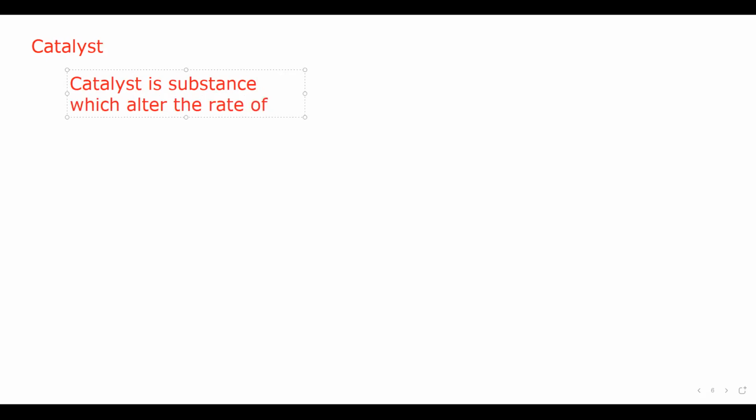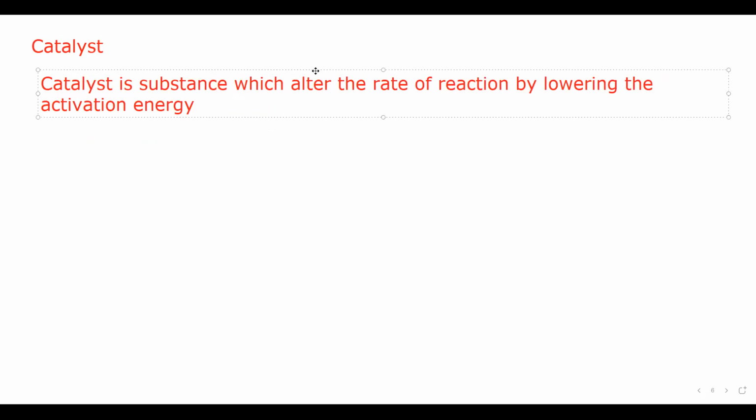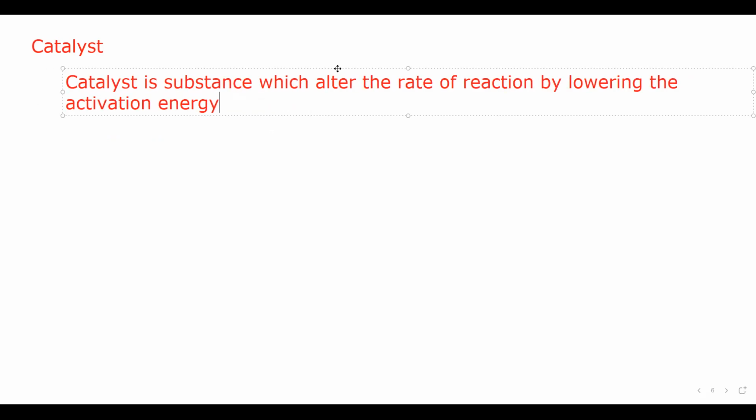So a catalyst is a substance which alters the rate of reaction by lowering the activation energy. So a substance which increases the rate of reaction by lowering the activation energy, we call that substance a catalyst.